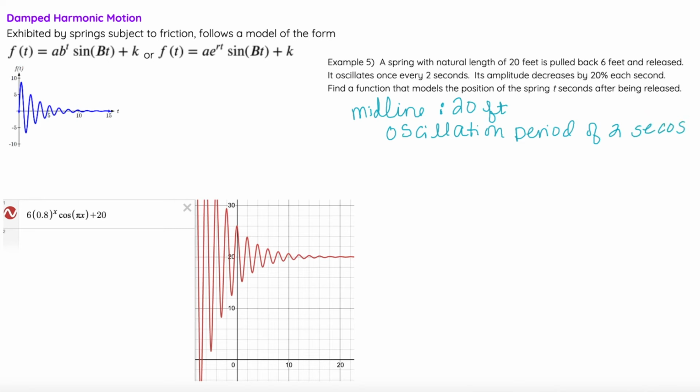So our B value can be found, it's either going to be sine or cosine, so 2 pi divided by those 2 seconds. The period is 2 seconds, so it goes through one cycle every 2 seconds, is equal to pi. Since we are starting the furthest from the wall to start with, we're going to use a cosine model.